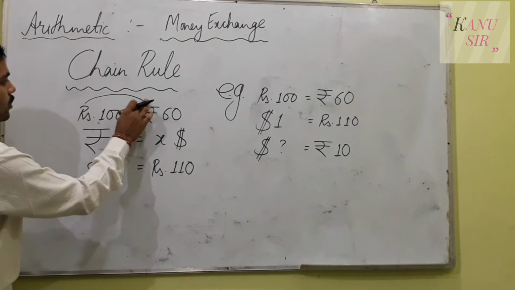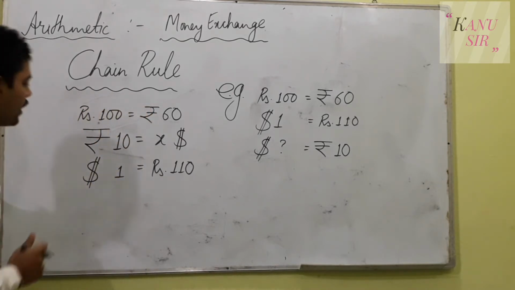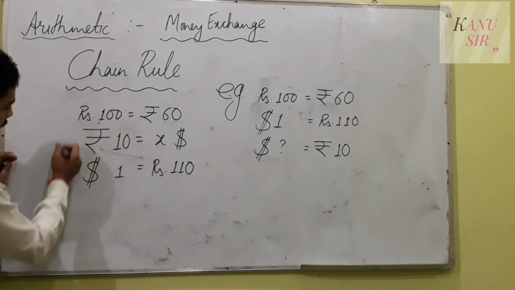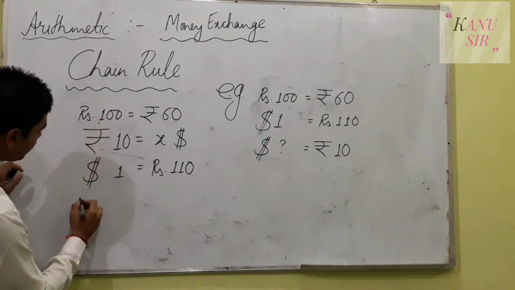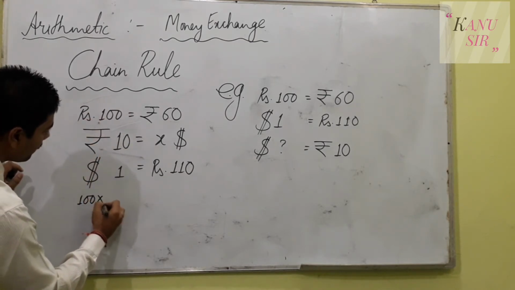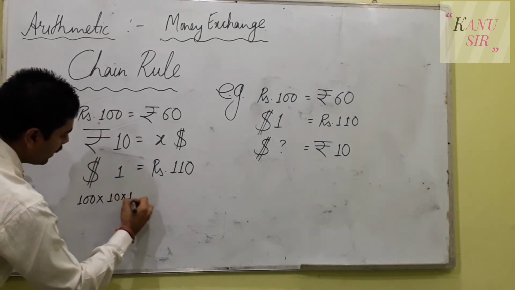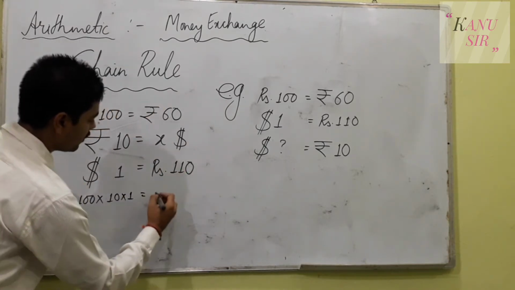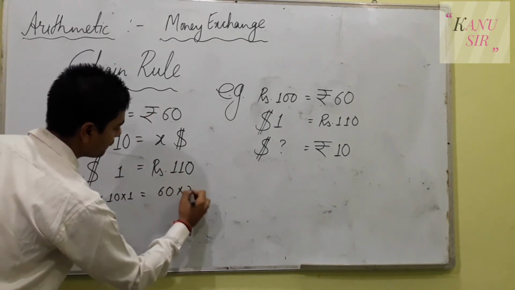This way you make a chain, and the left side numbers will be multiplied to each other, and the right side numbers will be multiplied to each other.